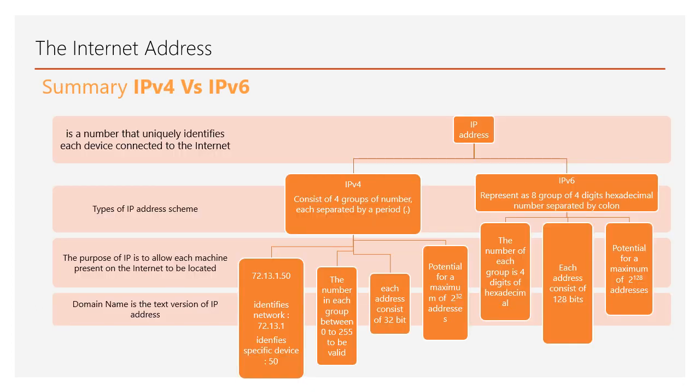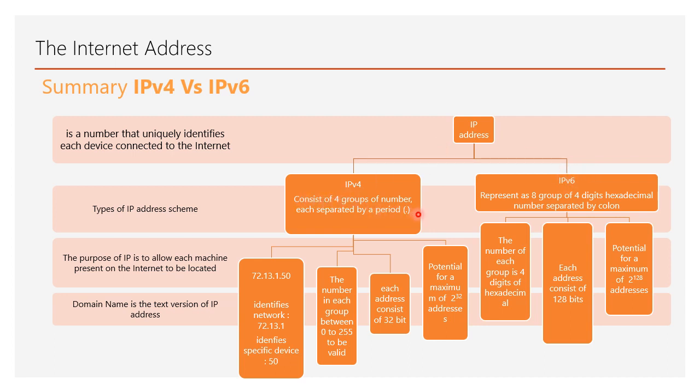As a summary, between IPv4 versus IPv6: an IP address is a number that uniquely identifies each device connected to the internet. There are two types of IP address scheme, which are IPv4 and IPv6.